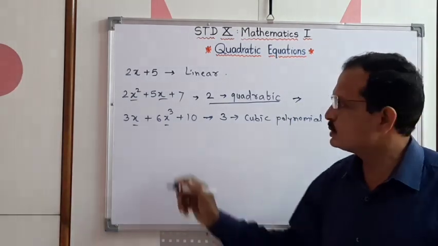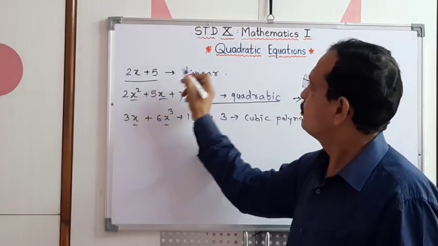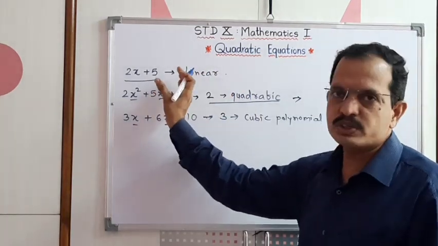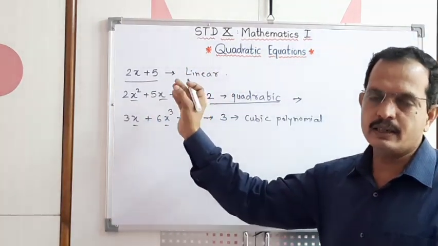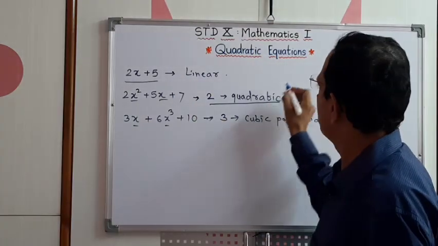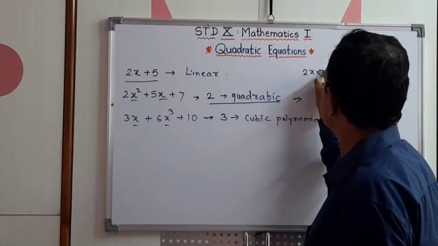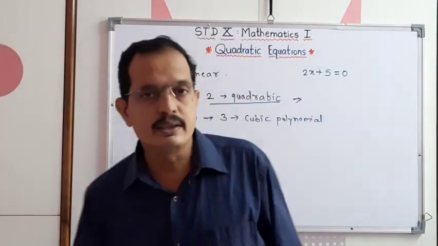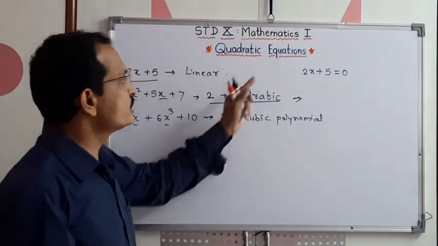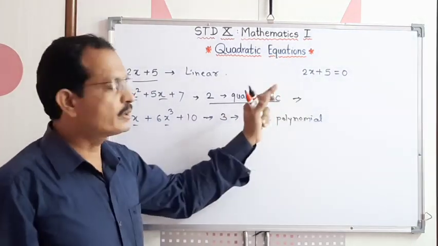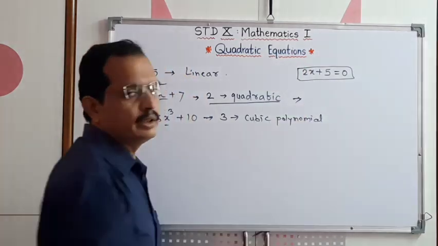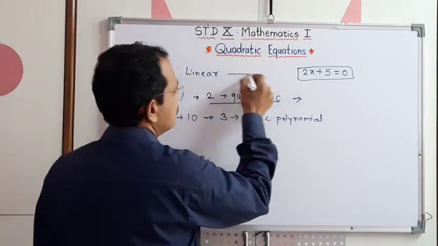Now these are only expressions, but if there are two sides, a left hand side and a right hand side, and an equal sign, suppose I write here 2x plus 5 equal to 0, then this expression converts into an equation, and this equation is called a linear equation, as we learned in the previous chapter.